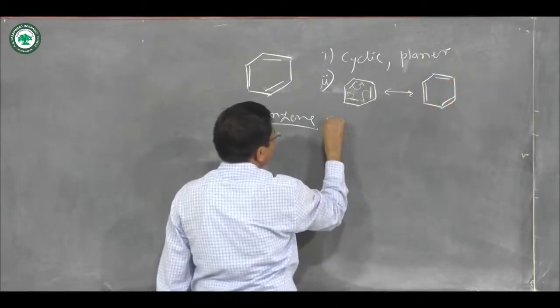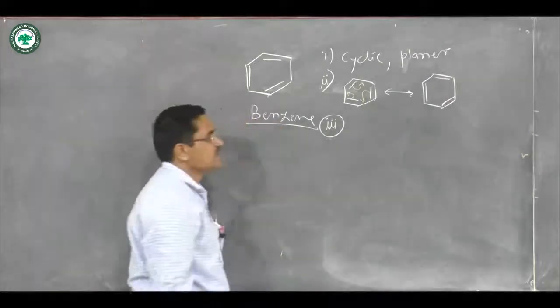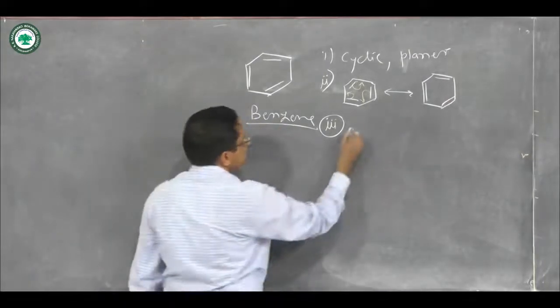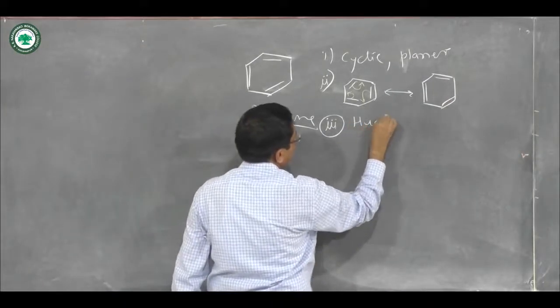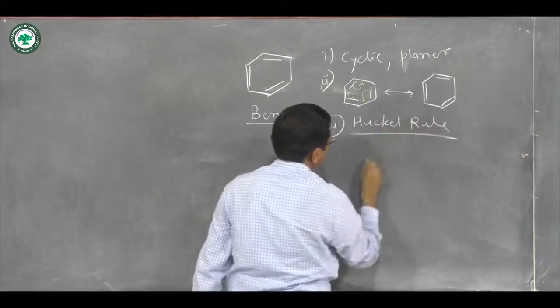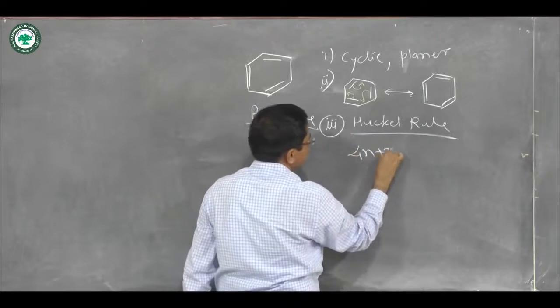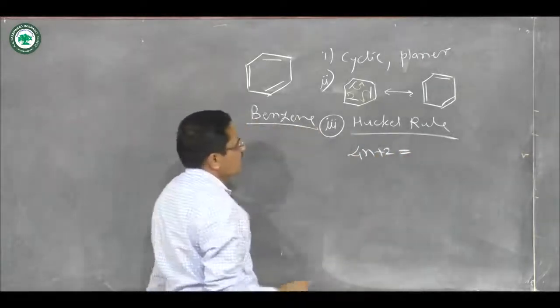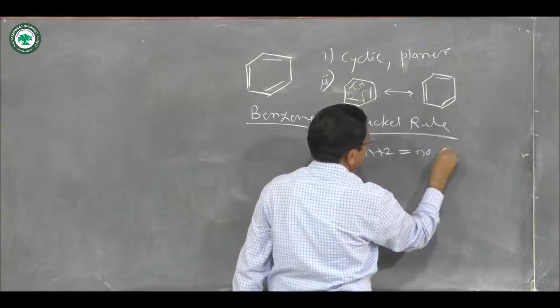And third point from the criteria is the Huckel rule, that is 4n plus 2 equals the number of pi electrons.